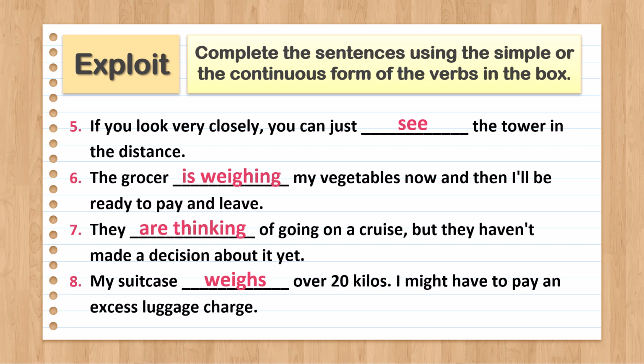This is a state or a fact, not an action, so we use simple form weighs. Remember, the difference between stative and action verbs is about meaning. Stative equals thoughts, emotions, possession, sense, usually simple tense. Actions equals activities, temporary processes, usually continuous tense. And yes, some verbs can be both depending on the context.